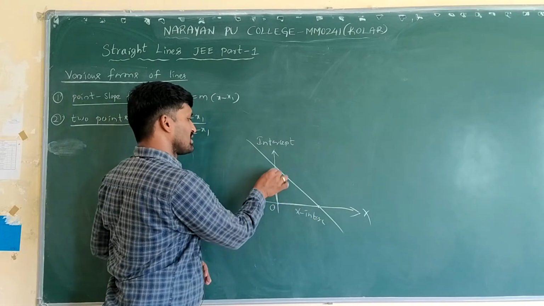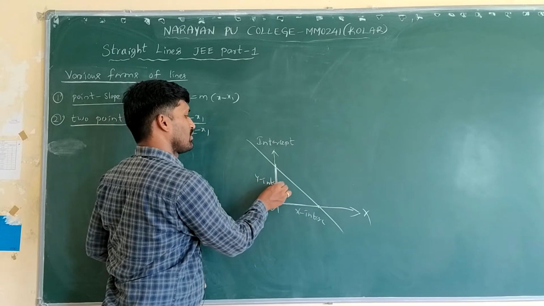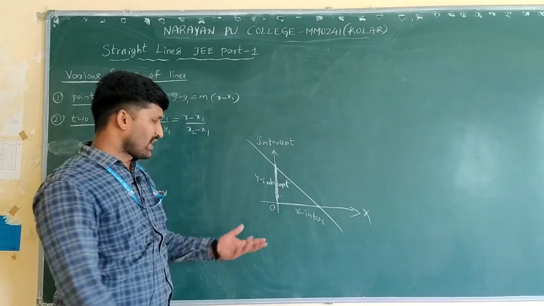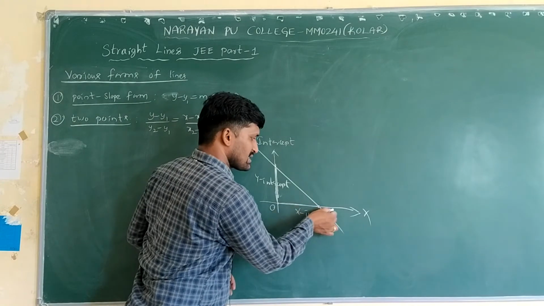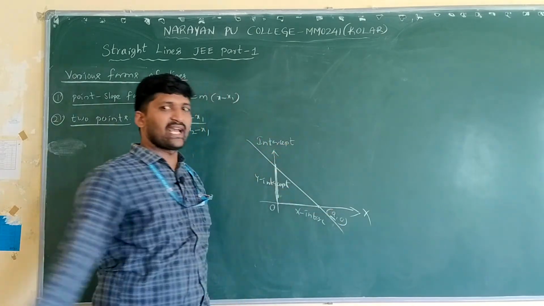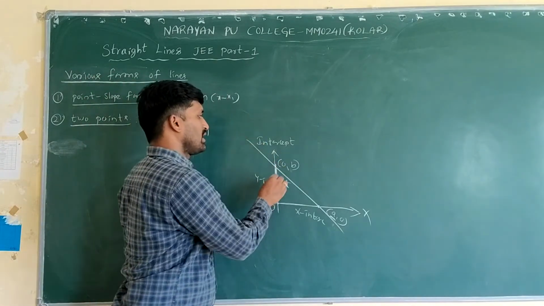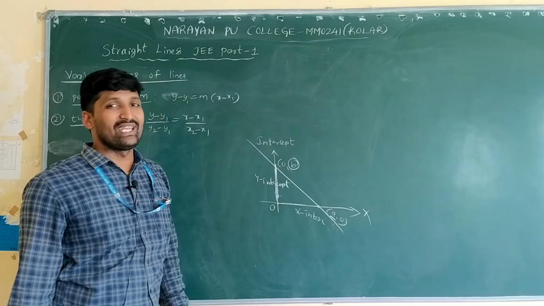If you measure this length along the y-axis, it is called the y-intercept. Or for example, if this line cuts the x-axis at a comma 0, then this a is called the x-intercept. If this cuts the y-axis at 0 comma b, then this b is called the y-intercept.